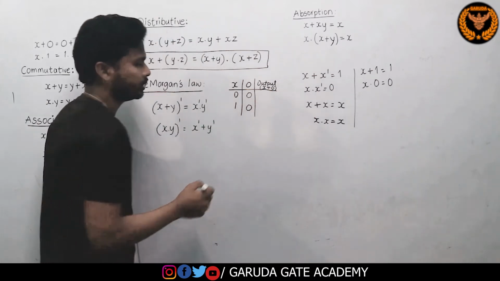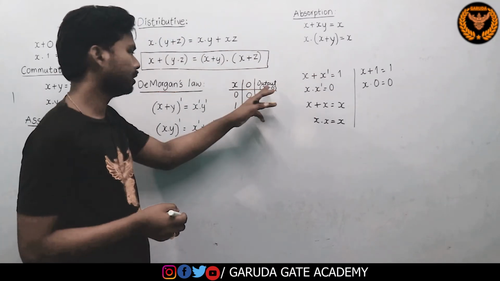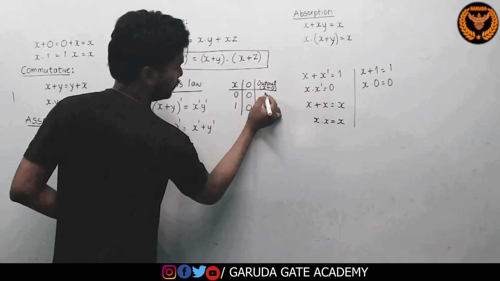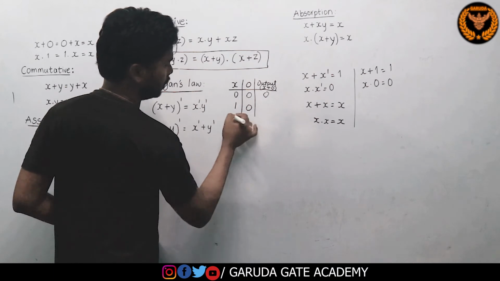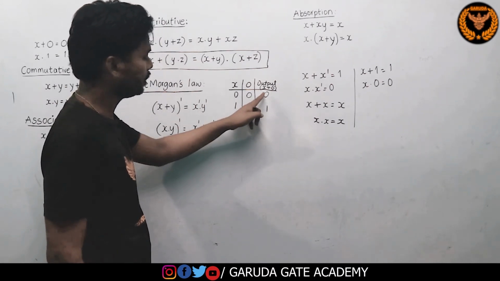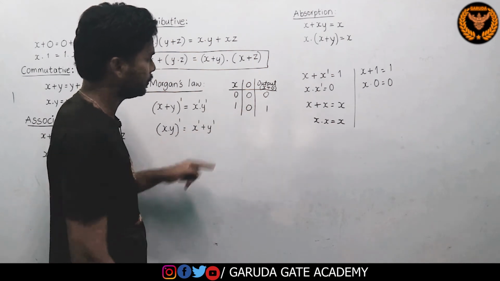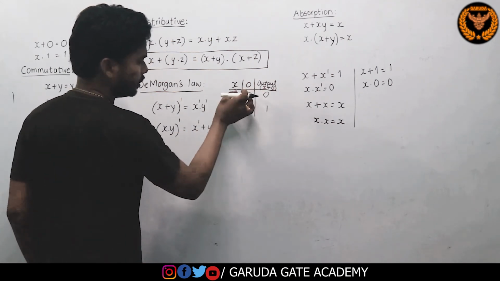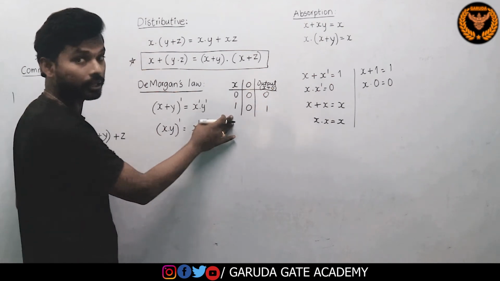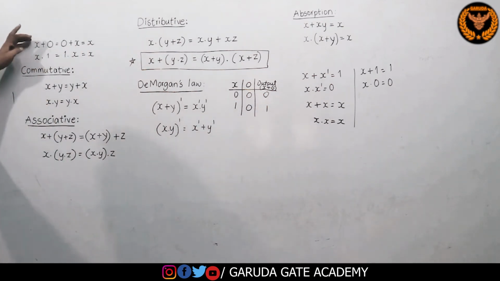We have discussed the OR gate. The OR gate will be false when 0 and 0 is the input. In all other cases it will be 1. So this is equivalent to x. That means x plus 0 is equal to x. If you perform 0 plus x, it will also be x. So that is the meaning of this one.